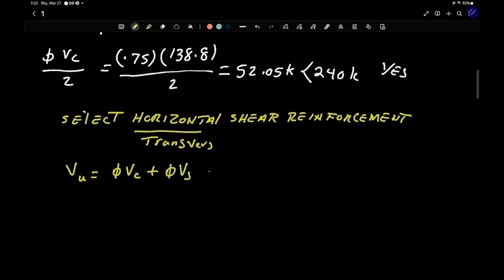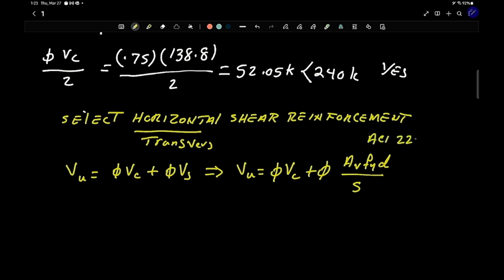Or we could rewrite this: Vu is equal to phi times Vc plus phi times Av fy d divided by s. And I believe that was ACI 22.5.1.1.